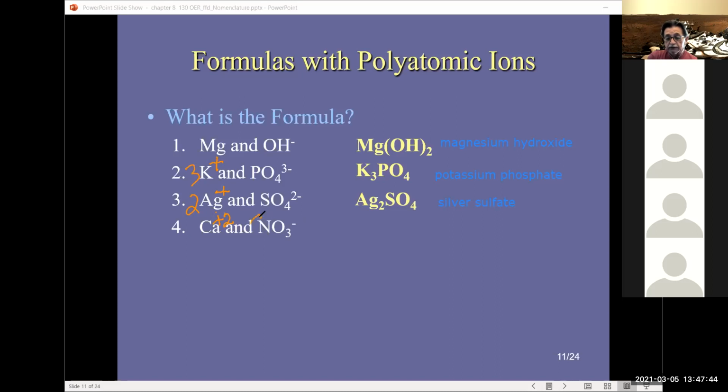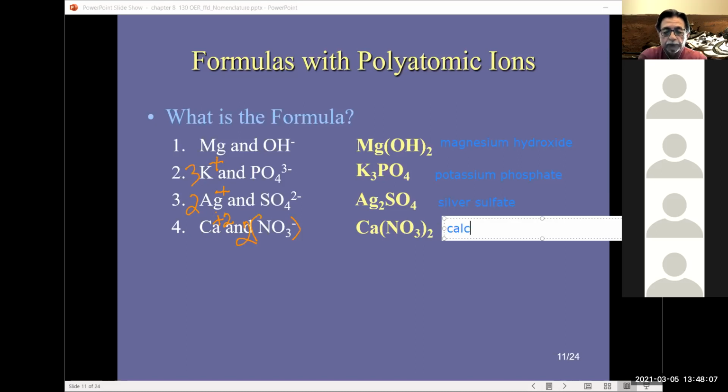That indicates I'm going to need parentheses here because I'm going to need two of these, so that 2 becomes the subscript. Okay, so calcium nitrate is the name here. Not to be confused with nitrite, which is one less oxygen, NO2.